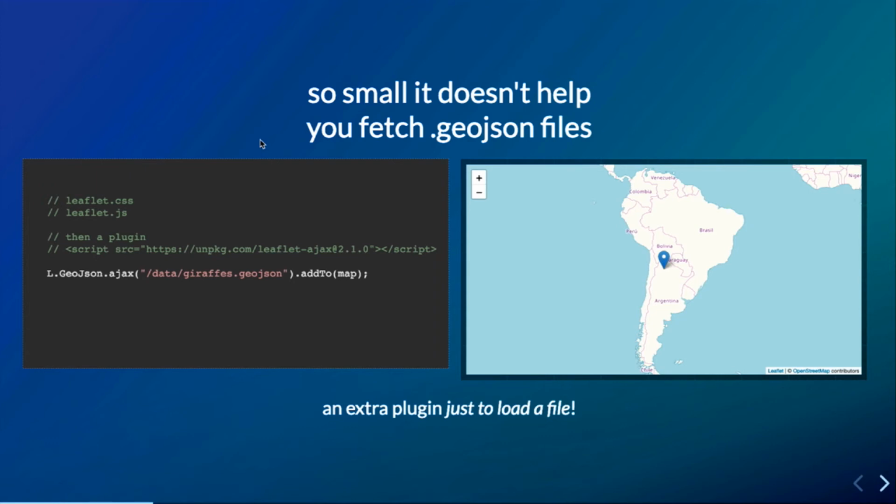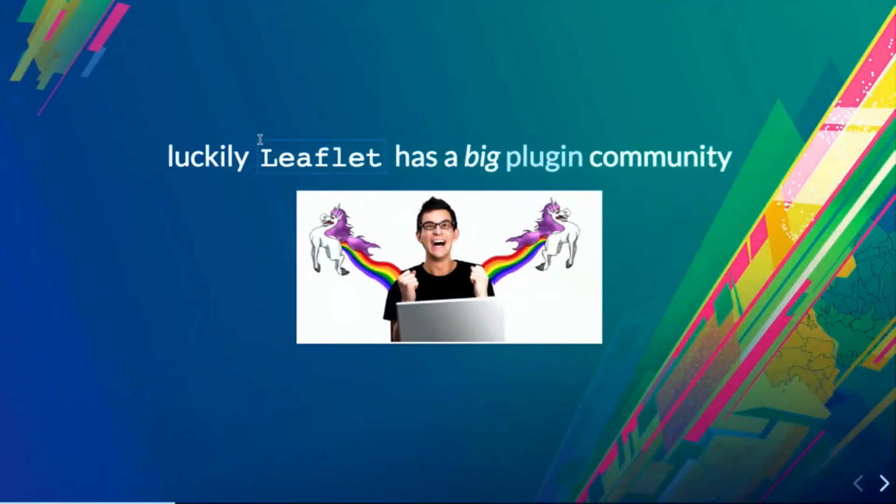A long time ago, somebody said, well, I want to make a wrapper for this and help some people out if they don't know what to use or they don't have something else. So somebody wrote a plugin that's just called Ajax that helps you make a request that happens after the page loads, something that we can fire off and then get a response without blocking the rest of the page from displaying. But having an extra plugin just to load a file is going to be a surprise to some people, but it's okay. That's just the way it is.